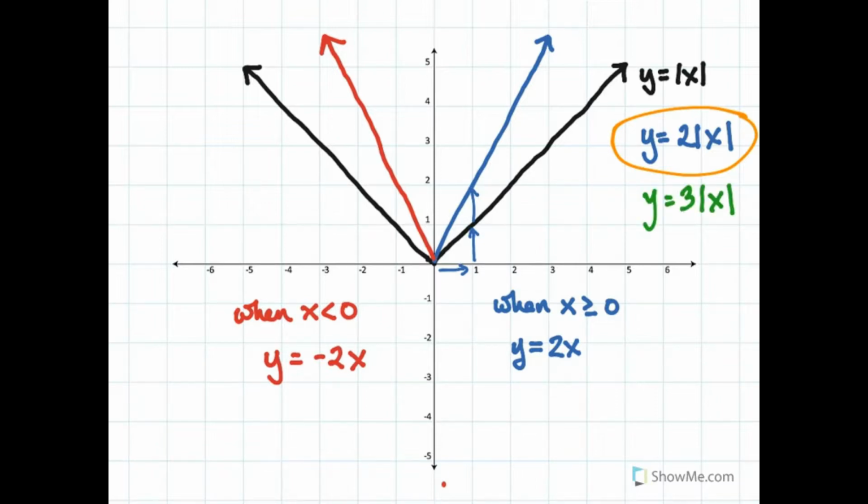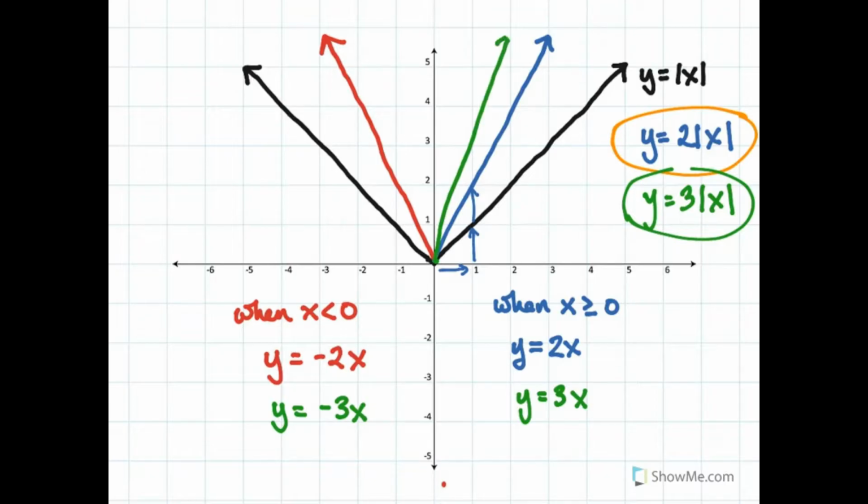You can see, for example, that if y equals 3 times the absolute value of x, then when x is greater than 0, y is going to equal 3x, and when x is less than 0, y is going to equal negative 3x, and we'll have an even steeper line on each side.